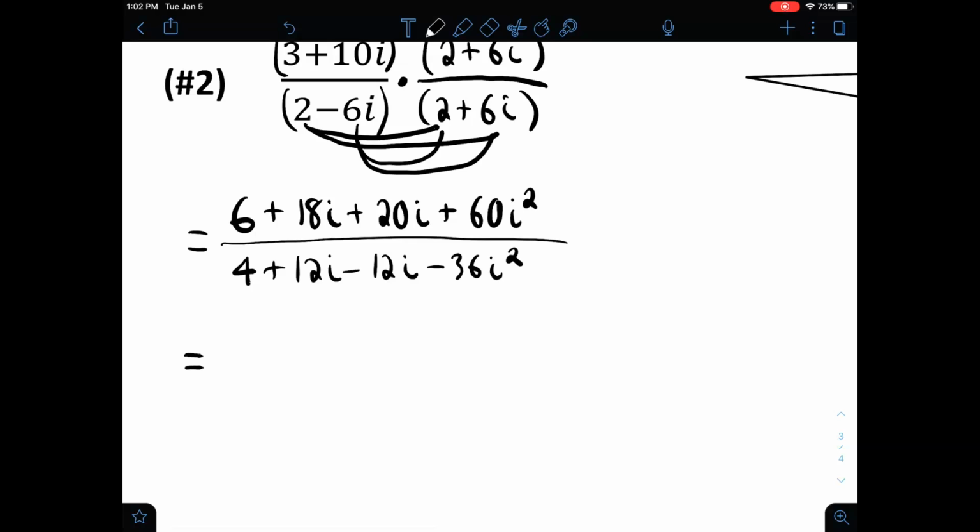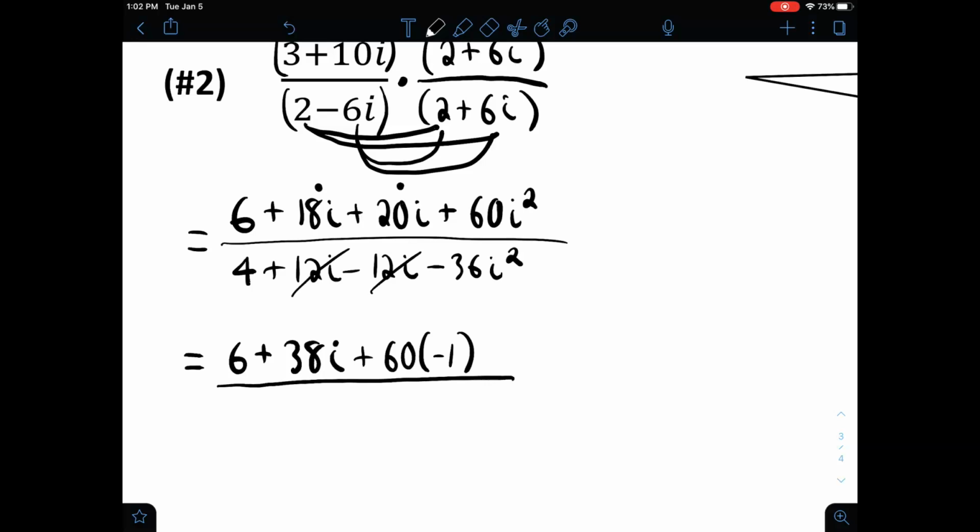Okay, let's simplify a little bit here. Let's combine some like terms. So on the top, we're going to get 6 plus, these are like terms, 18i and 20i is going to be 38i. And then we've got 60i squared, so plus 60 times negative 1, since i squared is negative 1. Over, the i's are going to cancel on the bottom. We get 4 minus 36 times negative 1.